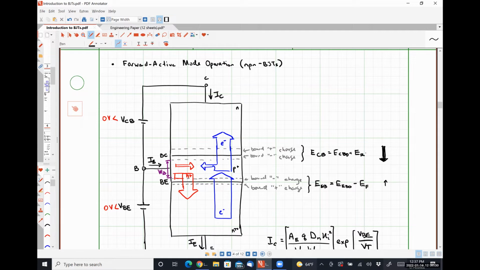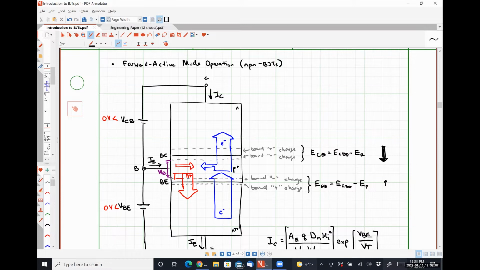As the base collector junction becomes more reverse biased, what do we expect to have happen to the width of the depletion region at the base collector junction? Should get larger, right? So as this junction becomes more reverse biased, which means the collector terminal is at a higher potential, because for a particular value of VBE the base needs to be at some finite voltage.